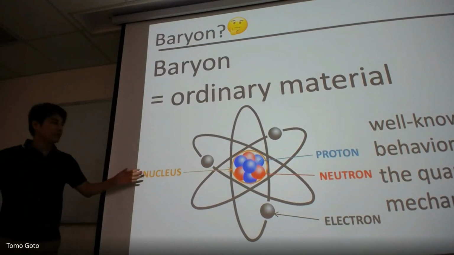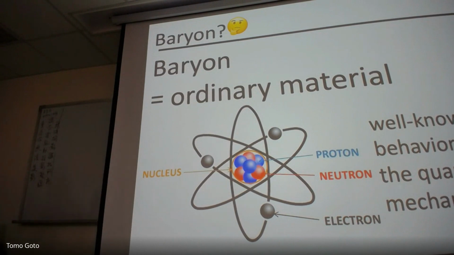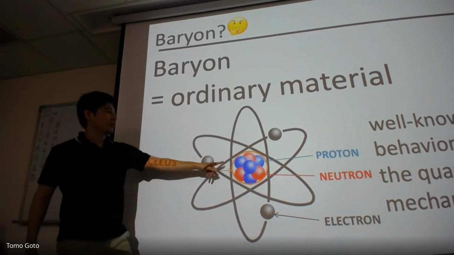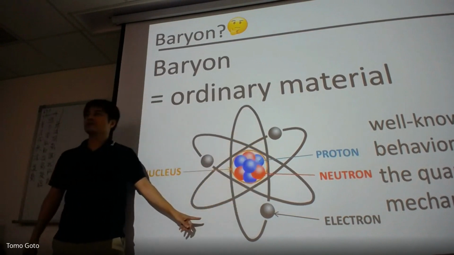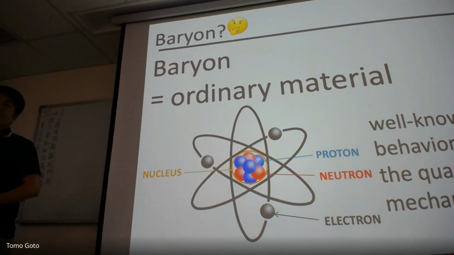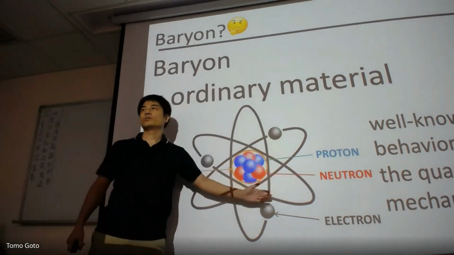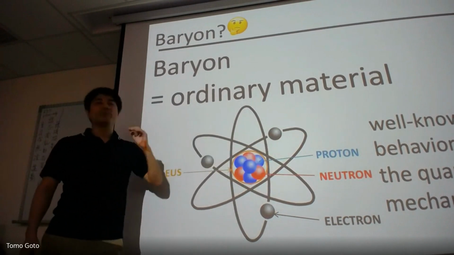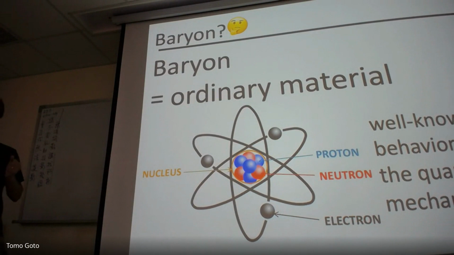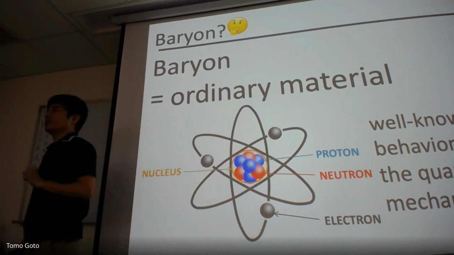For example, all the objects here are made of atoms, right? An atom has nucleons and surrounding electrons making this structure. We know this well: proton, neutron, electron, these atoms. So this is a baryon. Baryon is ordinary material that we know already. We know its behavior well from quantum mechanics.